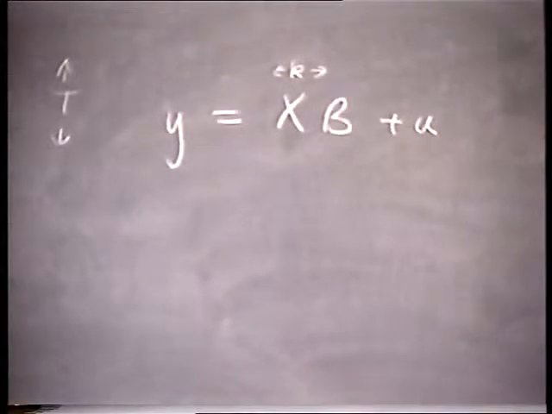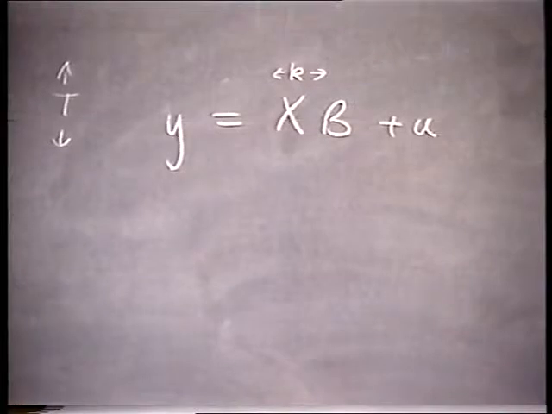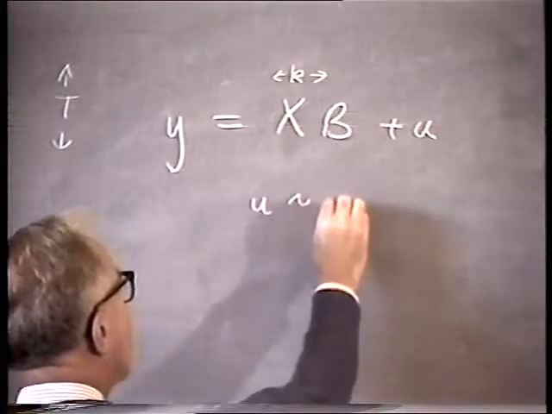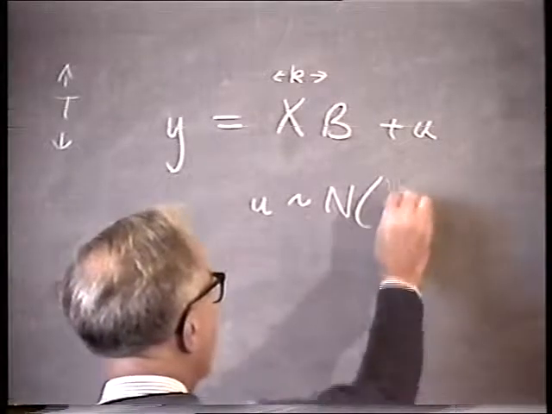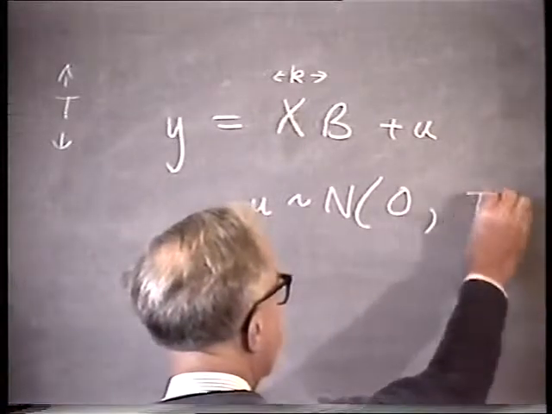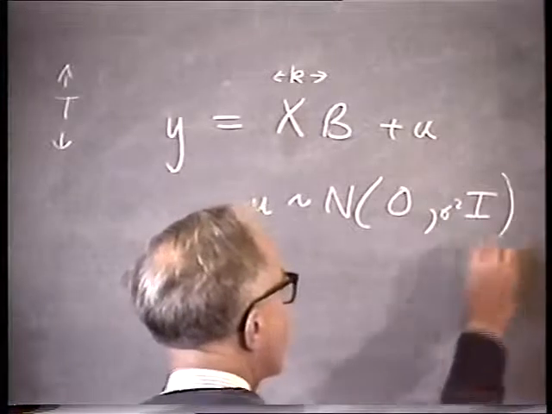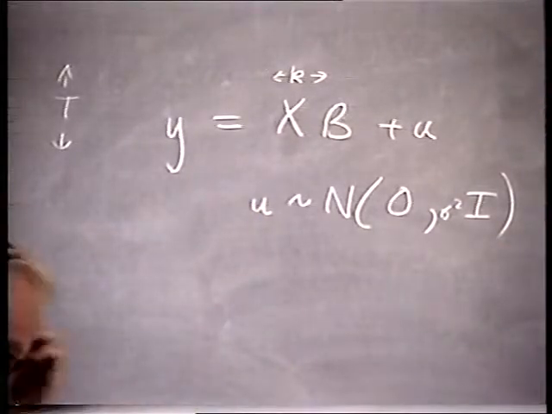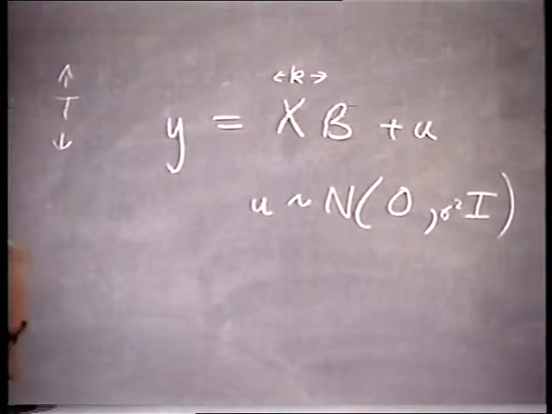U is a normally distributed vector, and though we don't have to do this, let's start out by making the usual assumption that we have serially uncorrelated, identically distributed errors.